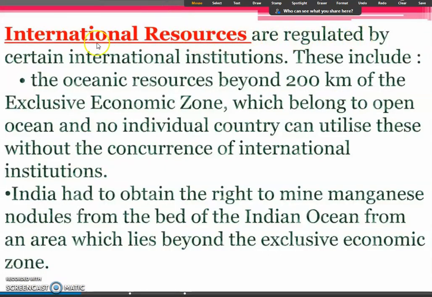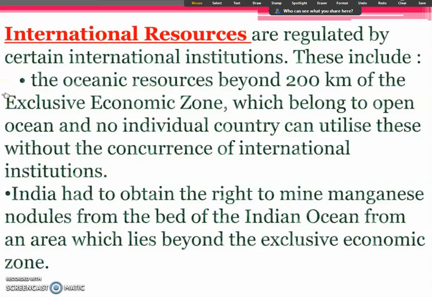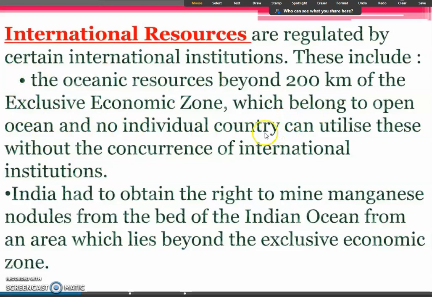International resources are regulated by certain international institutions, as I said. These include the oceanic areas beyond 200 nautical miles from the exclusive economic zone, which belong to the open ocean, and no individual country can utilize these without the concurrence of the international institutions.